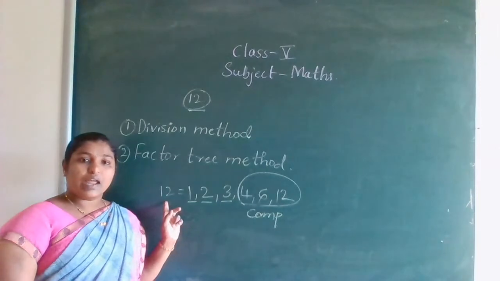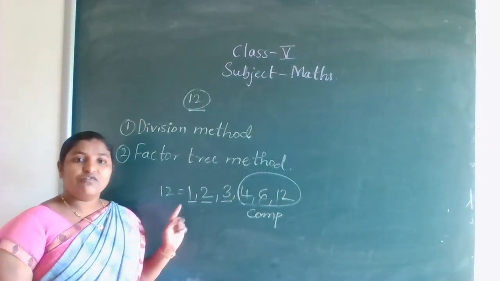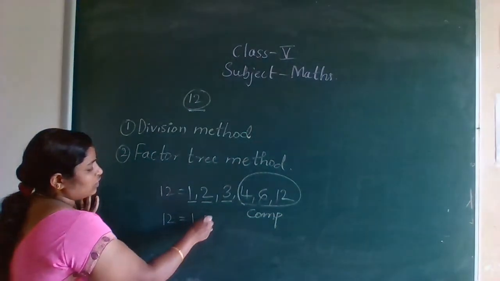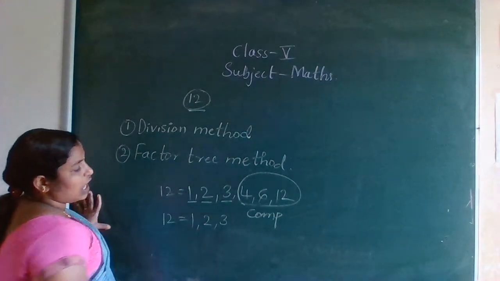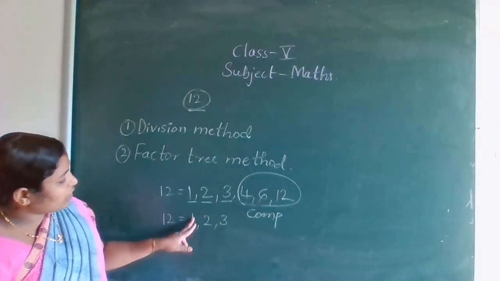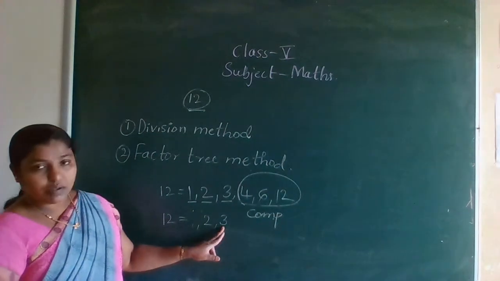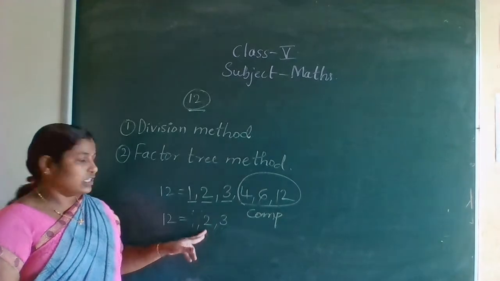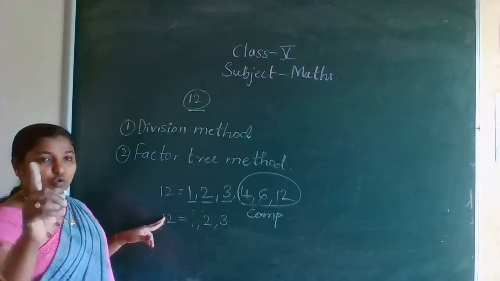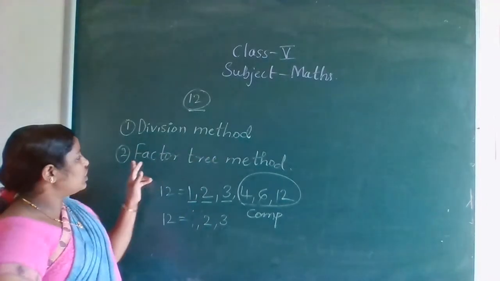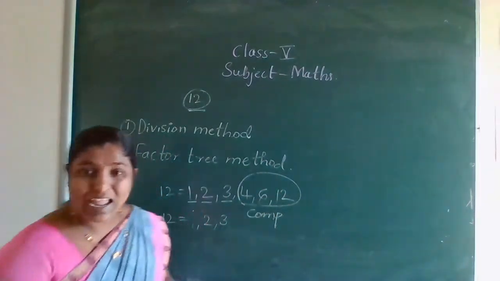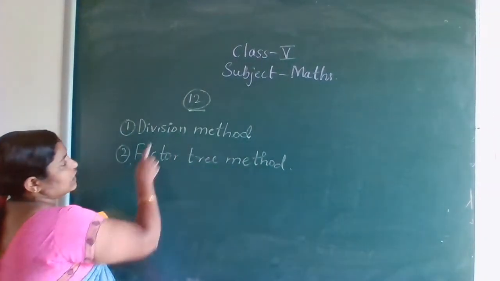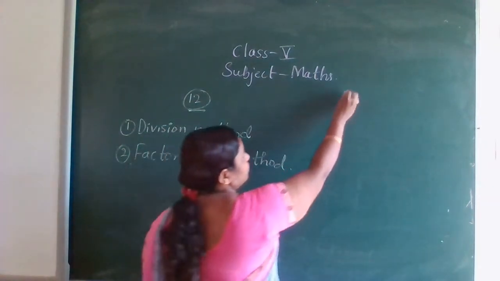But we should write the prime factors. What are the prime factors of 12? 2 and 3, these are prime numbers. We should identify the prime factors of 12 by two methods: the division method and the factor tree method. I will show you both. First one is the division method.